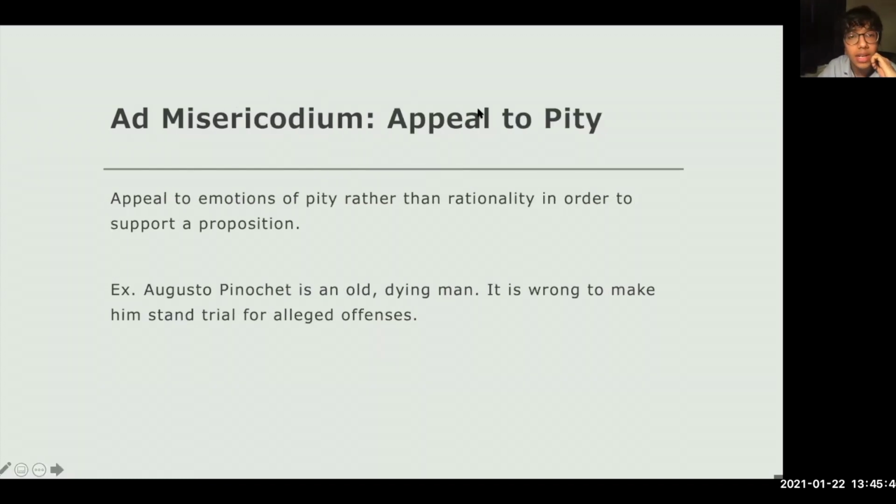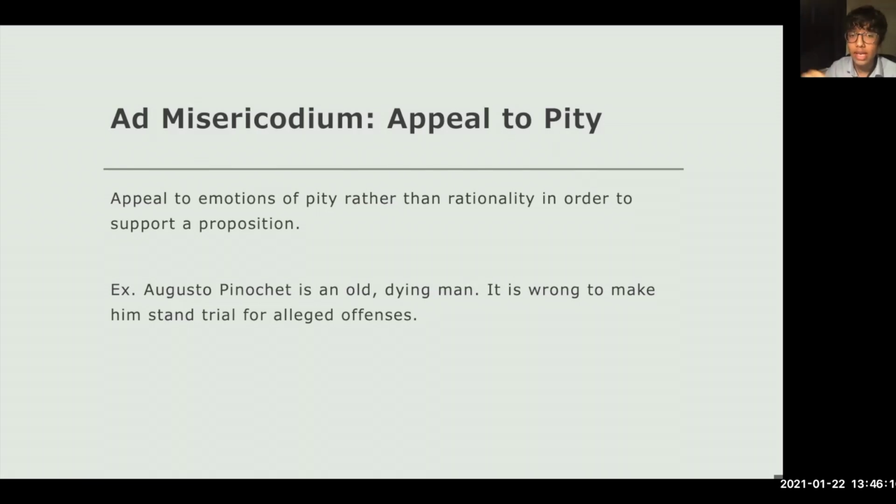Appeal to pity, ad misericordiam: appealing to emotions of pity rather than rationality in order to support a proposition. For example, instead of actually arguing for something, you try to make the audience feel pity for you or the person you're making the argument for, in order for them to support you and so that you win the argument.